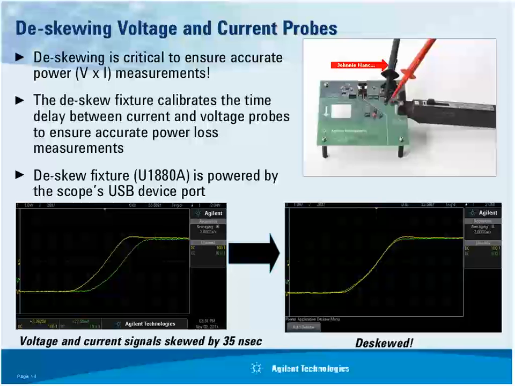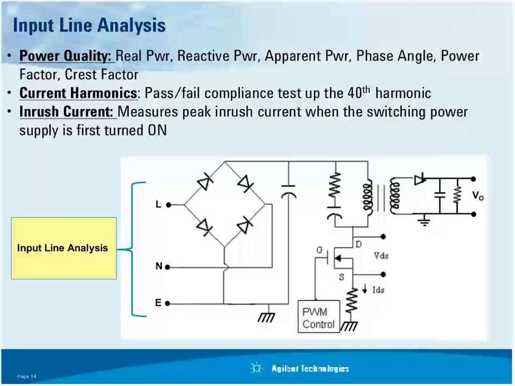There can be different lead lengths between the current probe and the voltage probe, and there can be skew. Now, you can automatically deskew these probes. This is the fixture that we provide, and you can just press a button, and here we show the voltage waveform ramping up, the current waveform ramping up. They should be aligned. If you do the deskew, it will automatically align them so that you can make very accurate measurements.